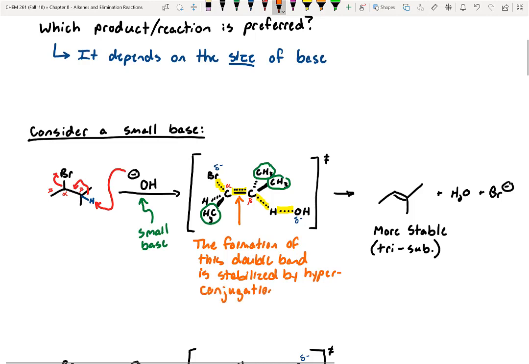And if you remember, in hyperconjugation, what's occurring is these sp3 lobes will actually dump a small amount of their electron density into the p orbital overlap for the pi bond. So it'll actually help stabilize it as it's forming in this reaction. So we do have 3 methyl groups, each with sp3 lobes, and that helps stabilize it a fair amount. This leads to a lower activation energy for this reaction because the transition state is more stable.